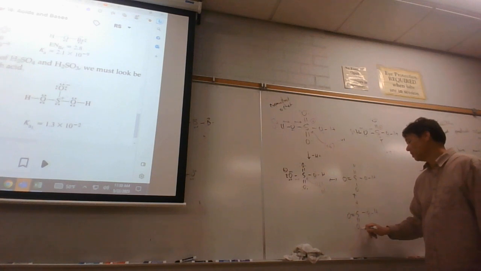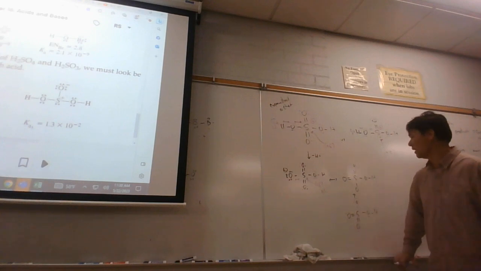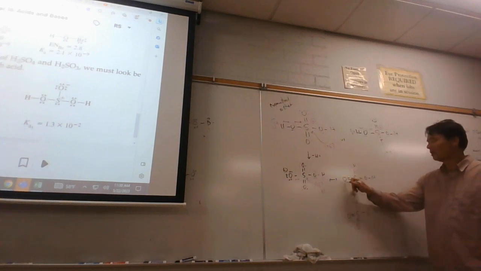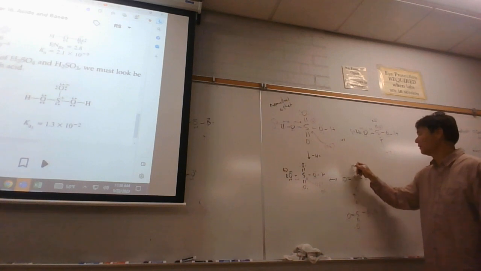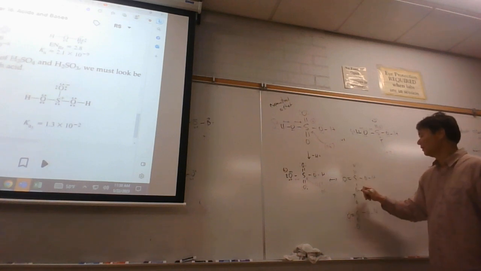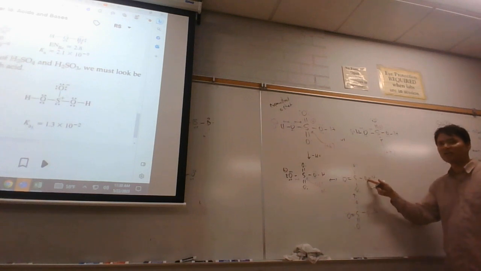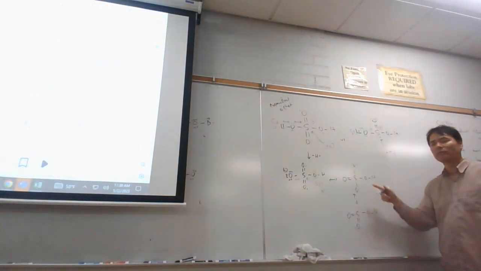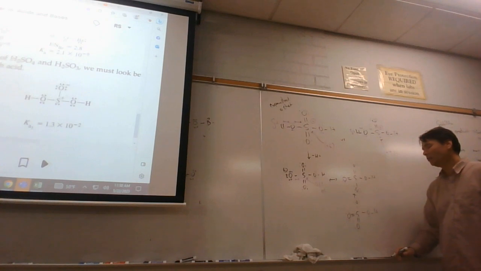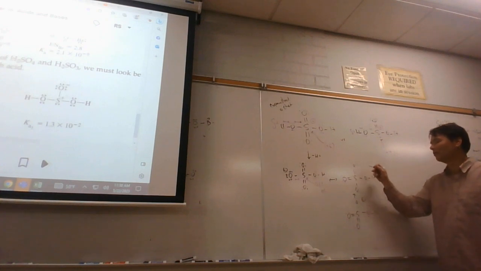Sometimes I ask people to draw the resonance forms for this. You know how many resonance forms they draw? I've seen more than 8. How do you think they got more than 8? You know how many I get? I get 3. I get 3 because the fourth one with a double bond here on the oxygen is terribly unstable. So I get 3. How do you think they got so many resonance forms?